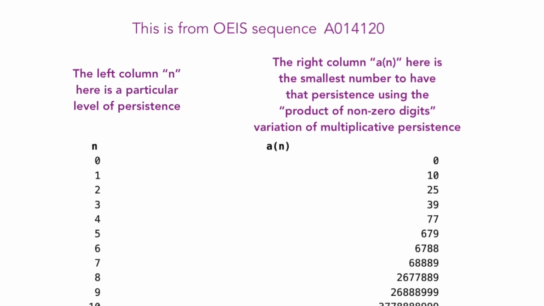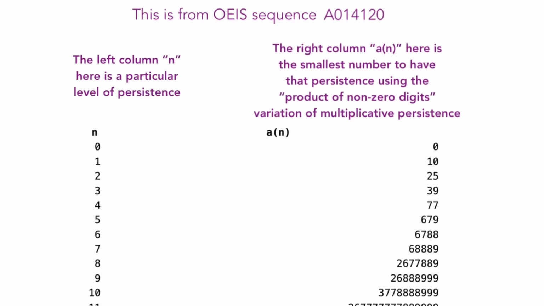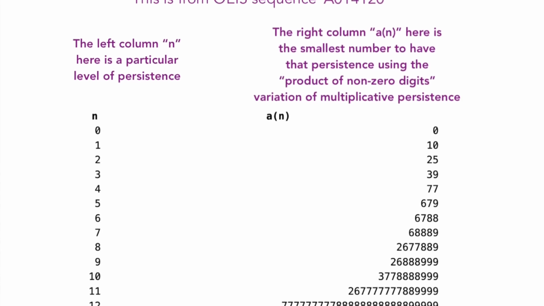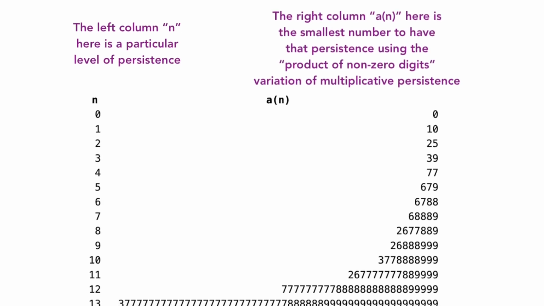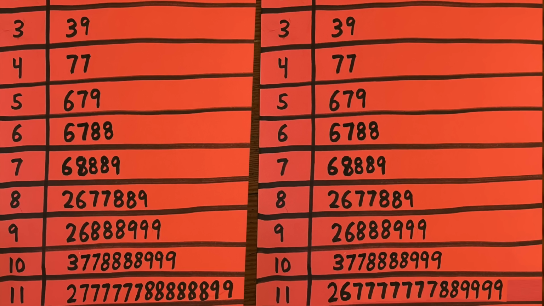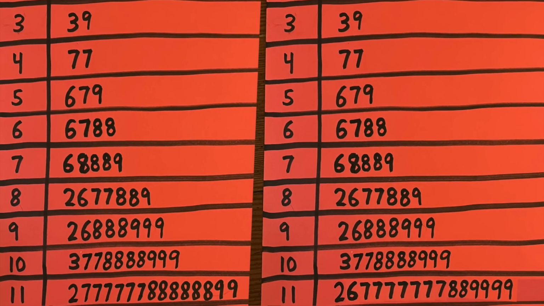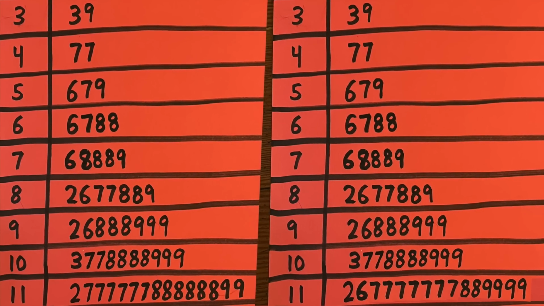In this other version, we do meet numbers with persistence 12 and 13, and as you can see here, apart from the fact that the 11th record breaker of each is different, it would almost look like this alternate sequence is just some sort of continuation of the other.